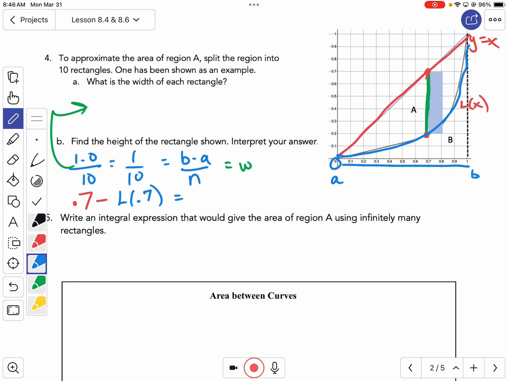Another way to think about that, it would be about 0.510. Another way to think about that would be the difference between these two functions.